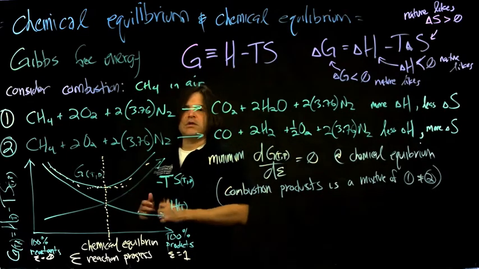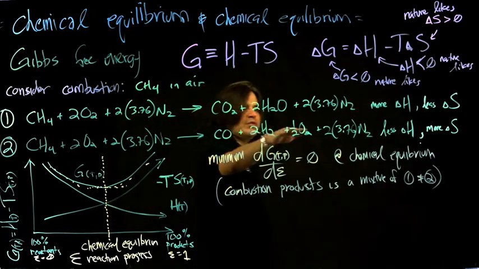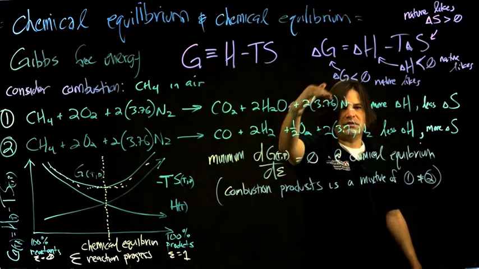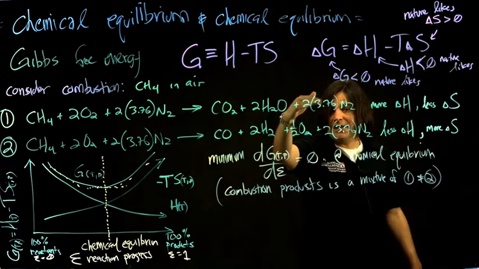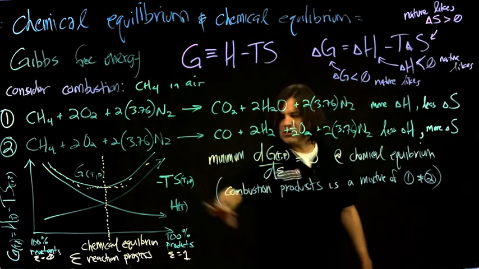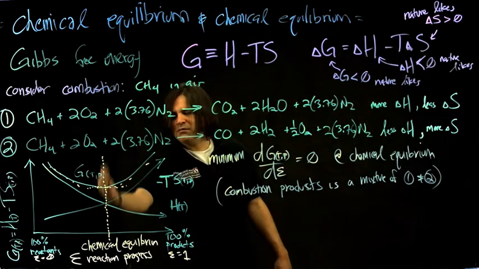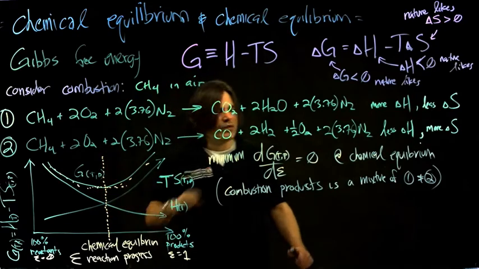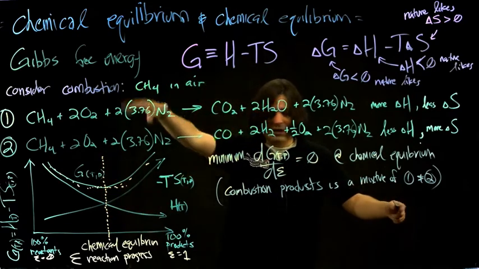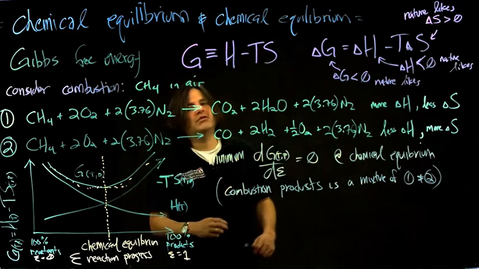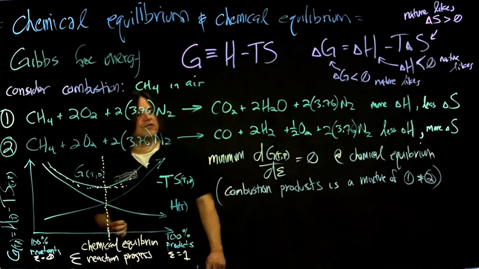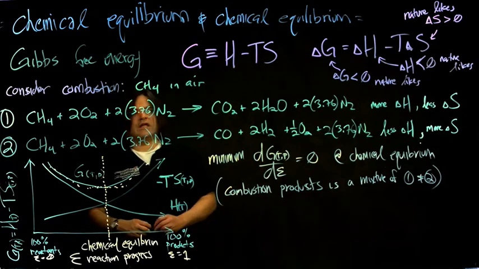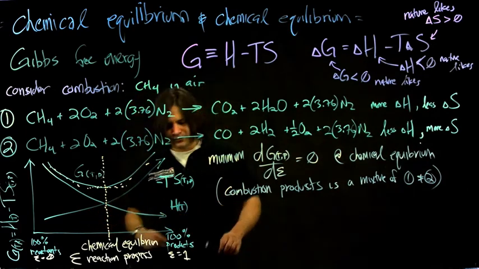Because of this equilibrium effect, this has a bigger entropy change in the positive, which nature likes. This is a bigger enthalpy change in the negative, which nature likes. So as a compromise, it's going to happen someplace in the middle, and what that means for this combustion system is that it's going to be both 1 and 2 contributing to the final result. So that's for the combustion reaction.